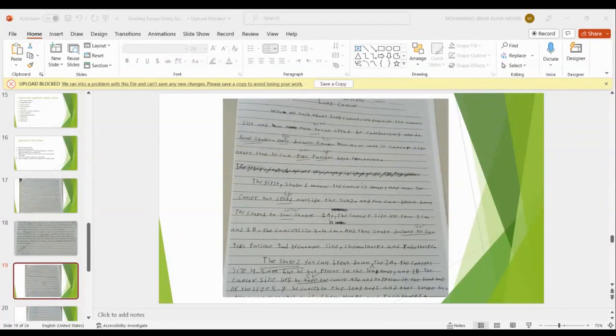Now, when we are looking at the introductory paragraph, we basically need to think in terms of whether or not it has funnel background, whether or not it's well developed, and does it have a thesis statement. So these are three important requirements for producing a well organized and effective introductory paragraph.